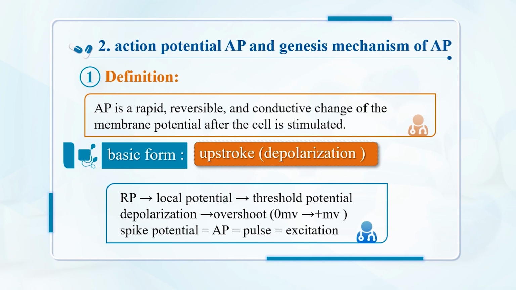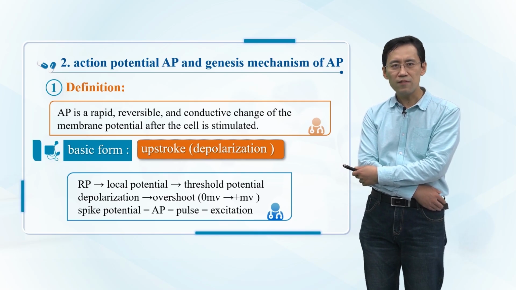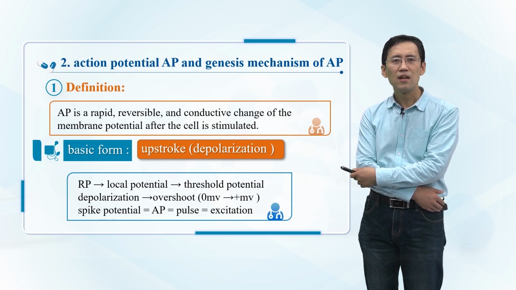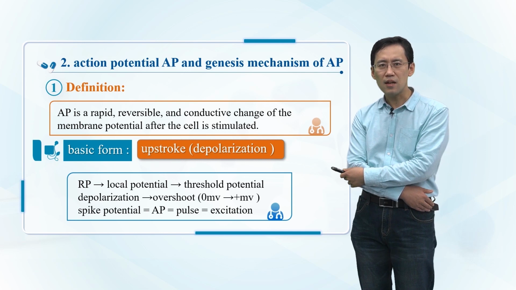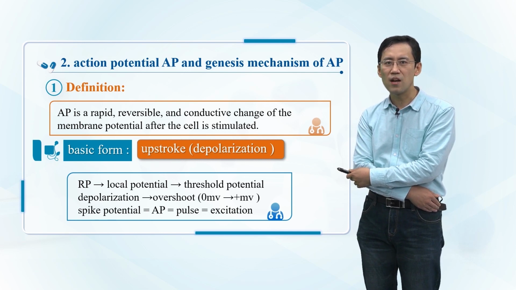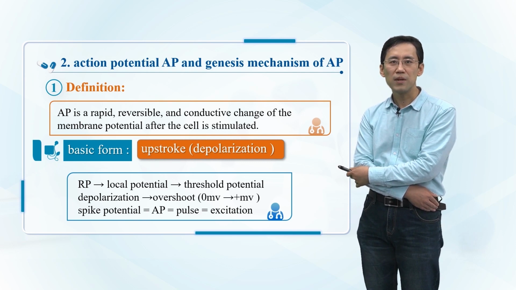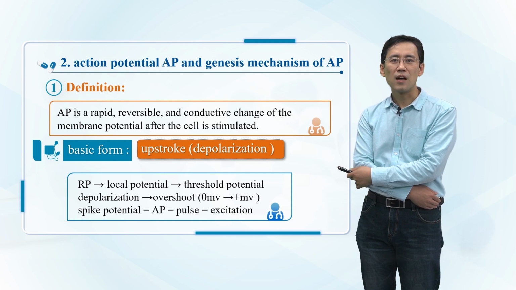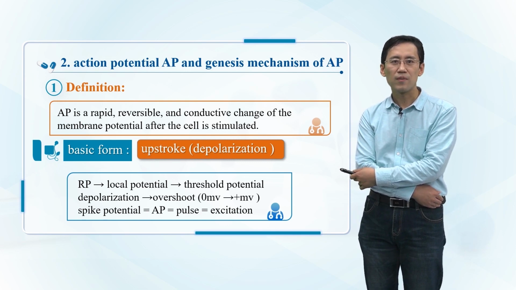Now we move to the action potential, AP, and the genesis mechanism of the action potential. The action potential is a rapid, reversible, and conductive change of the membrane potential after the cell is stimulated. The basic form starts with the upstroke, which means depolarization.